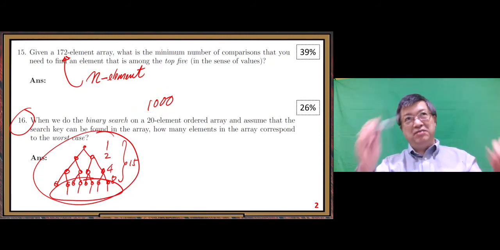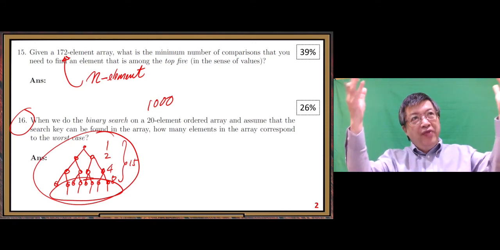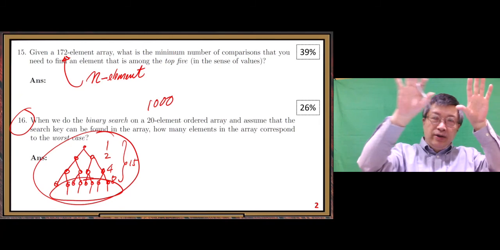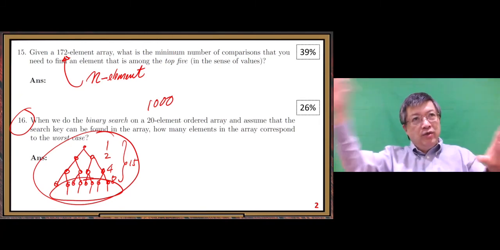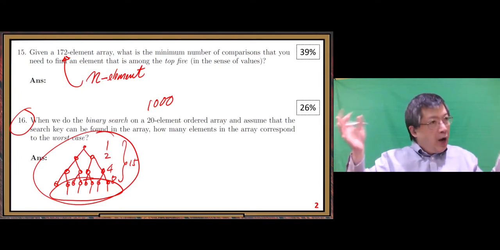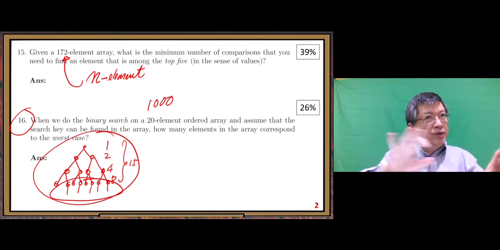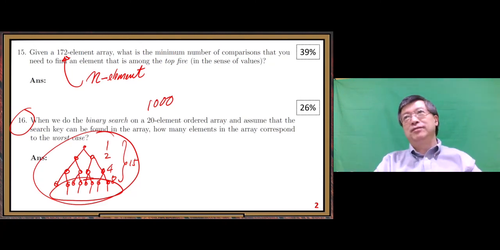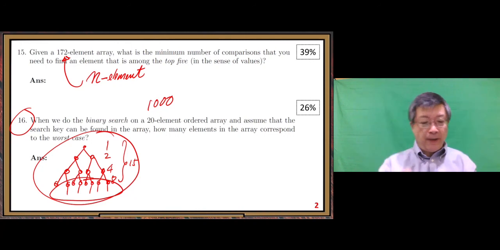Given a 1,000 element array, sort it so we can apply binary search. When we apply binary search, how many elements in this array correspond to the worst case? That's the question. Now let's solve it.